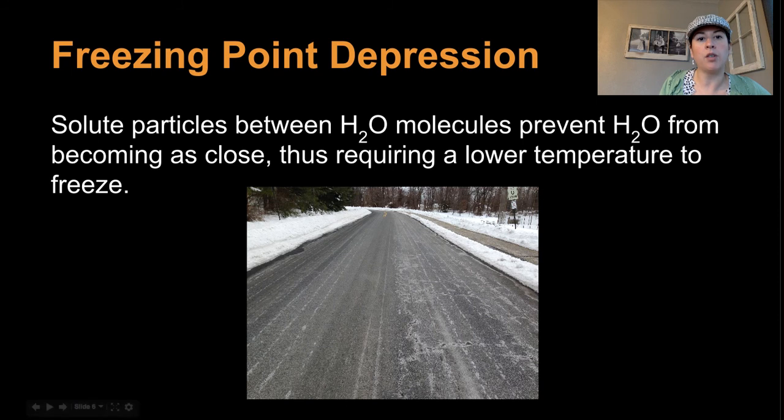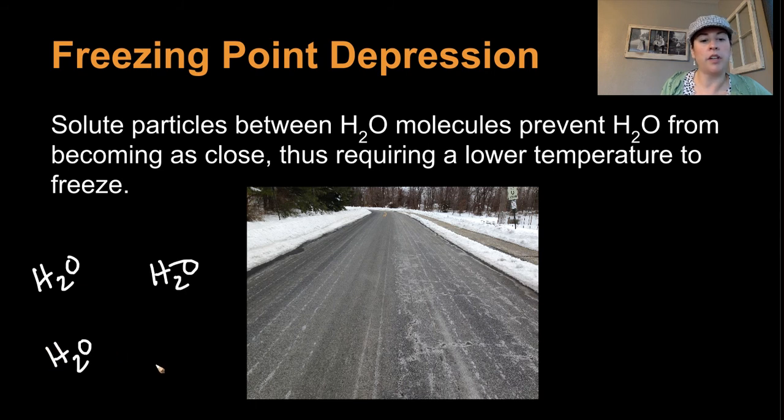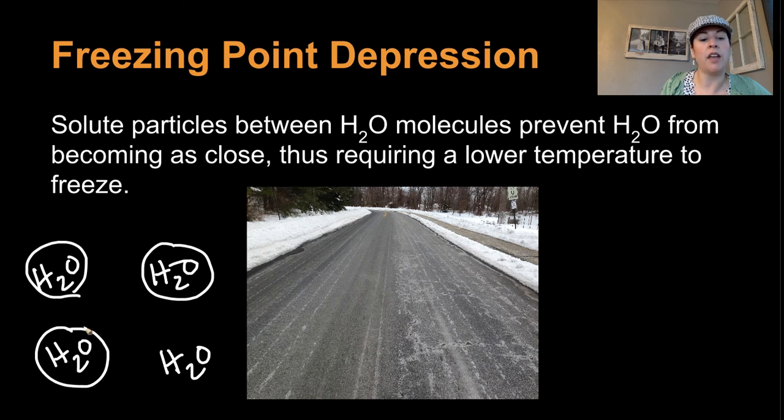So say I have an H2O molecule here, and an H2O molecule here, and an H2O molecule here, and we're trying to get these things to get closer together as we cool them down and they start to freeze. But if they don't have anything in between them, they're going to be able to come together a lot easier. But say we have magnesium chloride, and we'll just use magnesium in the middle here, they can't get as close together, and so it's going to require a lower temperature in order for them to be able to actually freeze.